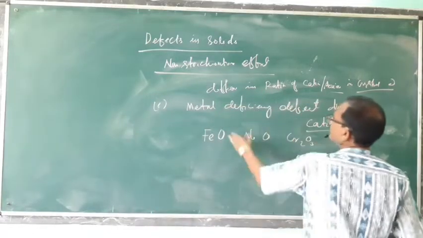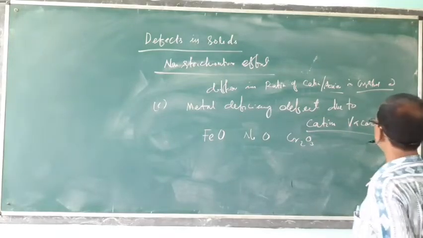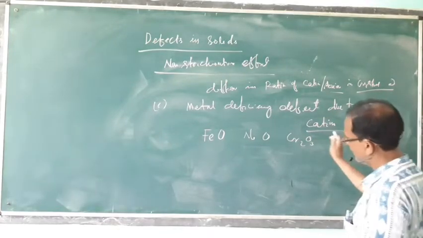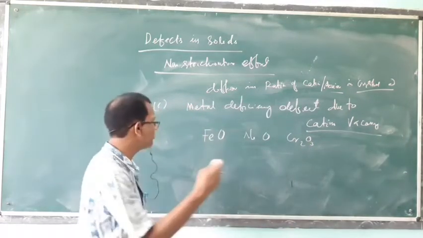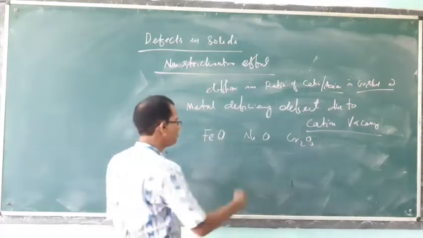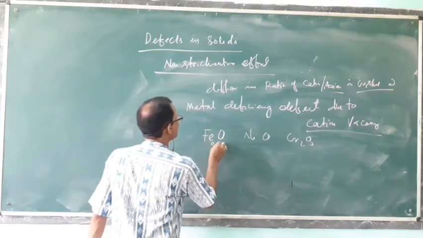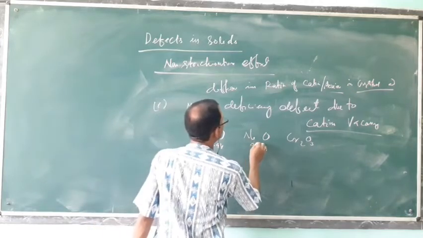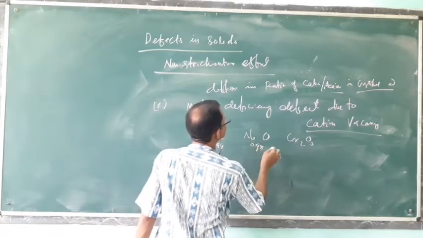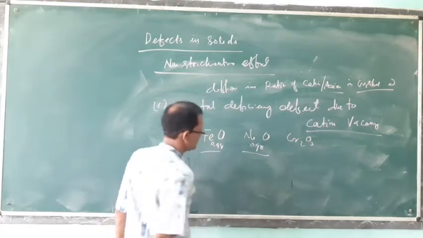It can also be written as due to oxidation of metal ions. How it is formed, we will discuss. So the formula FeO becomes Fe0.94O, nickel oxide becomes Ni0.98O, like this. So the formula changes.